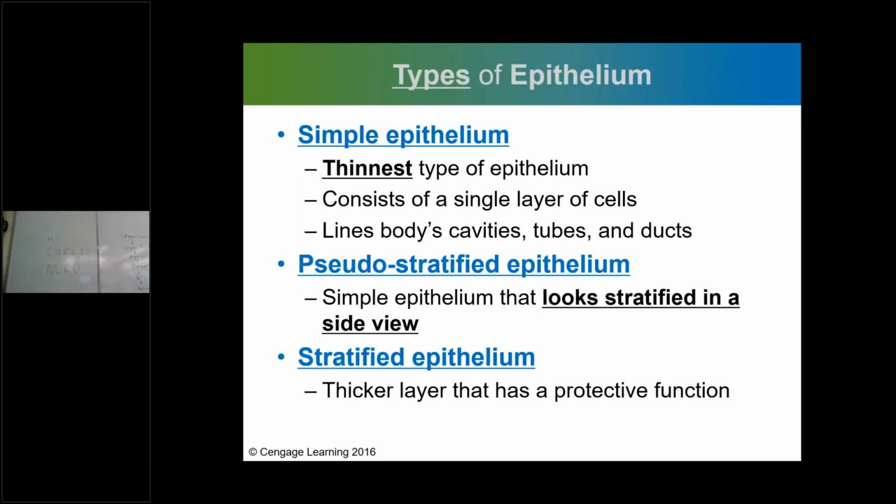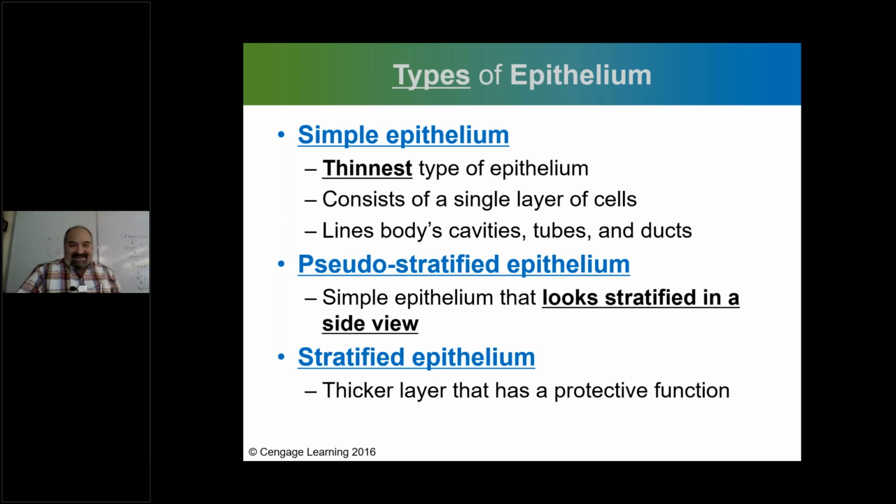We talked about the different types of epithelial tissue. There is one layer or multiple layers, or a layer that looks like it's multiple layers but it's not. That's the pseudo, false, stratified. And here we looked at the examples of the images and how that young man does that.